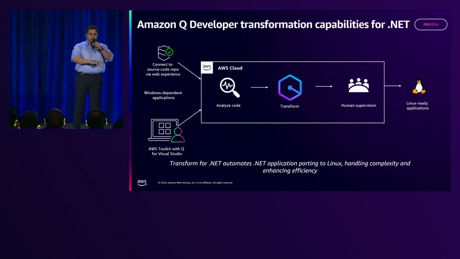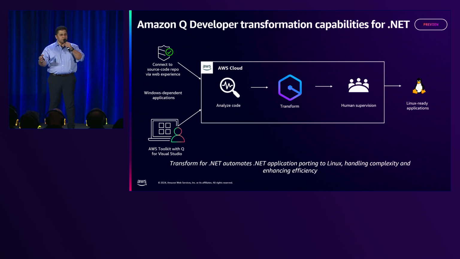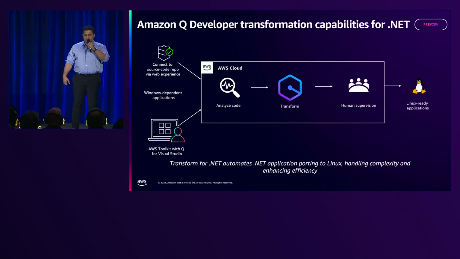So the two experiences that we talked about can be used by the different personas. If you are an IT admin or a DevOps admin, you can connect Amazon Q developers' transformation capabilities for .NET directly to your source code repository and start porting your applications. And if you are a developer, part of the application team, then you can use the Visual Studio IDE extension.